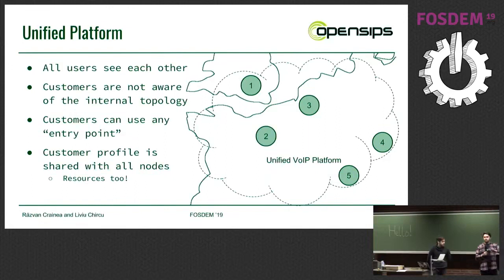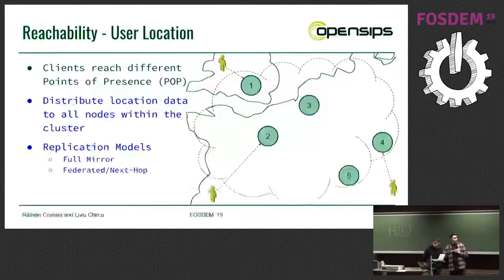You want to allow them to use any entry point in your network that is available. And in order for them to have a unified experience, all of them need to share the same profiles. Wherever they are, they need to see the same thing. And they also need to use the same resources too. So these are a few use cases that you want to have when using a unified platform.